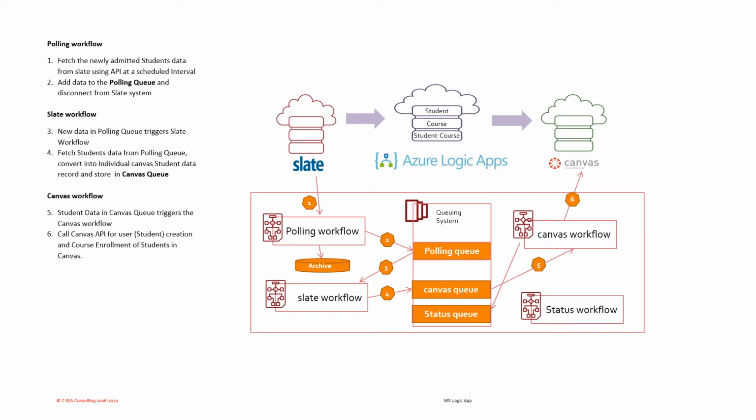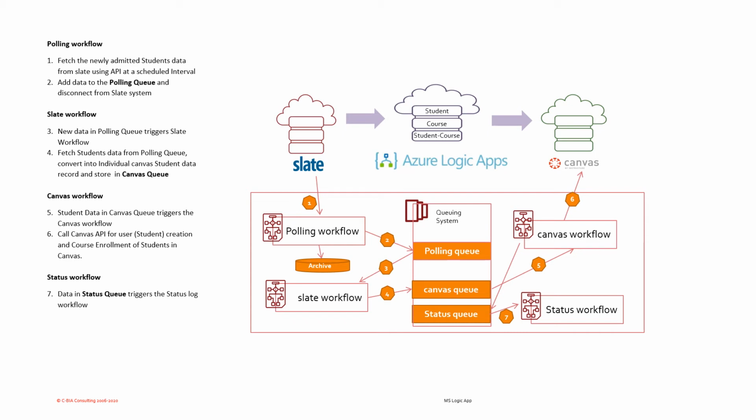The Canvas workflow then picks up, and those data records trigger a particular workflow in Canvas, essentially through, again, a standard API. It will create course enrollment records for each student for each course of each program in the learning management system, and that's the 6th workflow in this example. There's also a status workflow.